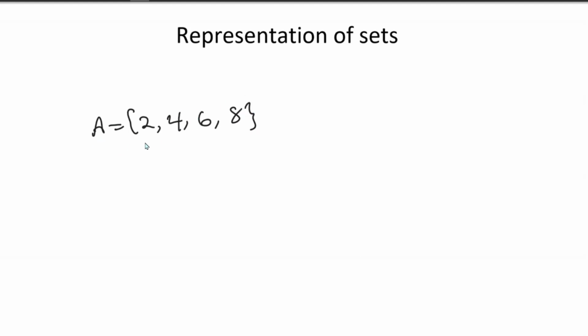This way of writing or describing these sets is what we call the roster or listing method. So in representing or describing a set using the roster or listing method, the elements of the set are listed in curly braces separated with commas. So that's one way of representing.